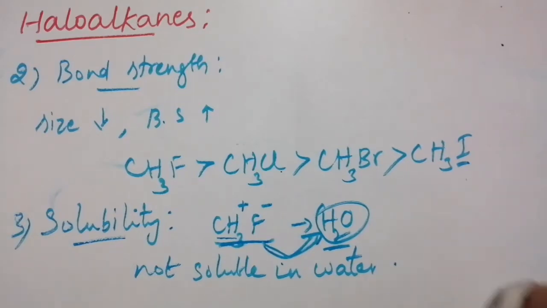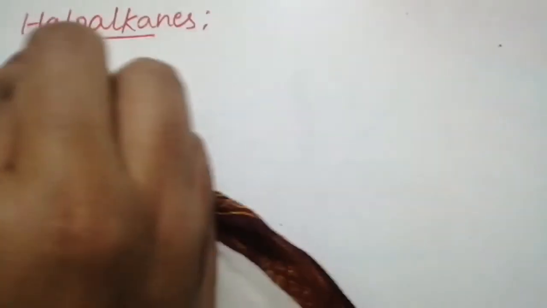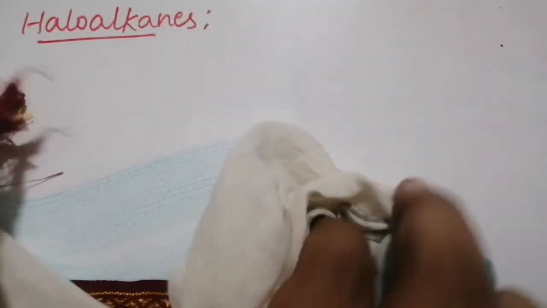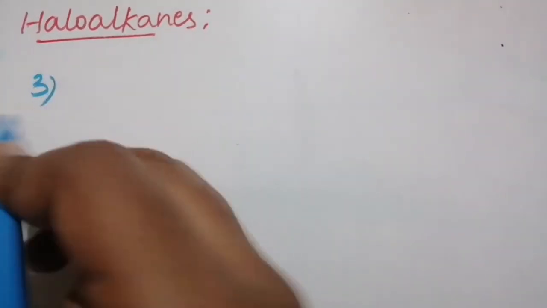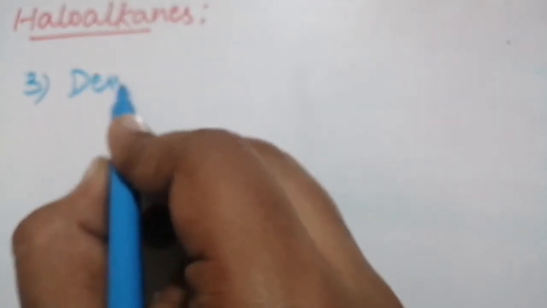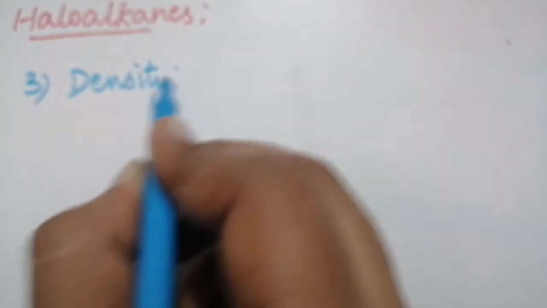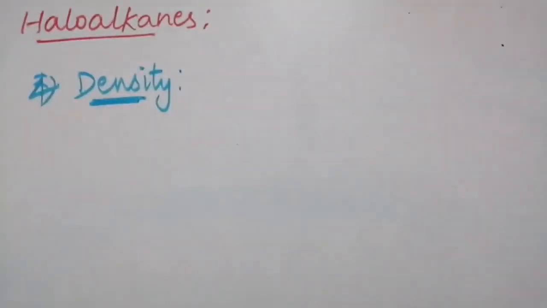Next is density. What is density? We all know it is mass by volume, and it plays an important role in sinking or floating. How does the density order change in the case of haloalkanes?